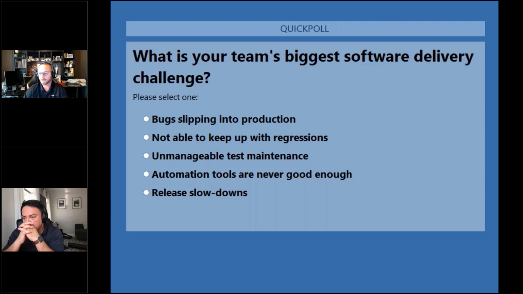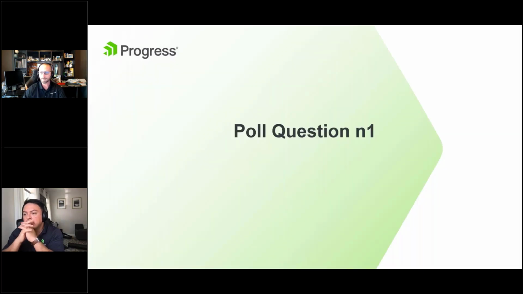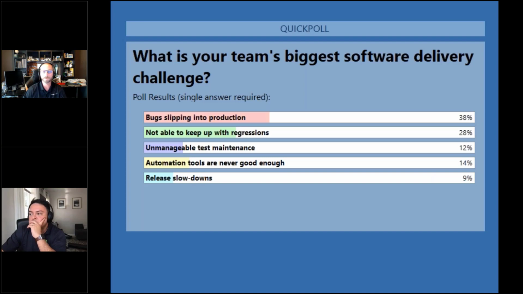Looks like, really to no surprise, and this is kind of stuff we've seen trending in different webinars that we've done and conversations we've had, of course. Looks like about 40% of the crowd is really focused on bugs slipping into production. That got the biggest batch of votes, and that's something that we hear a lot, right?